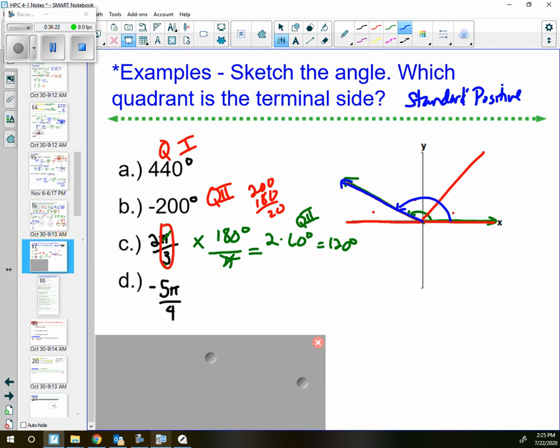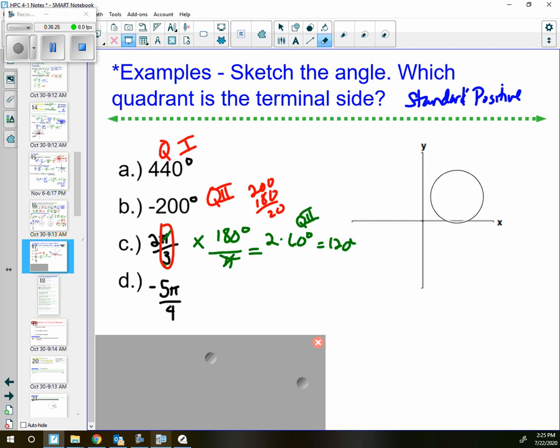All right, so negative 5 pi over 4, let's try this one. We're going to do it both ways. We'll think about degrees, and then we'll also think about it in terms of radians. So if you multiply by 180 over pi, we are going to get rid of those. 4 divides into 180. 180 divided by 4 is 45, and then we have 5 of them.